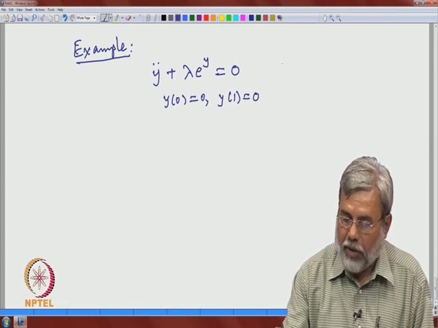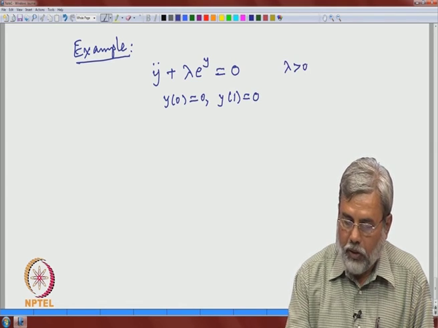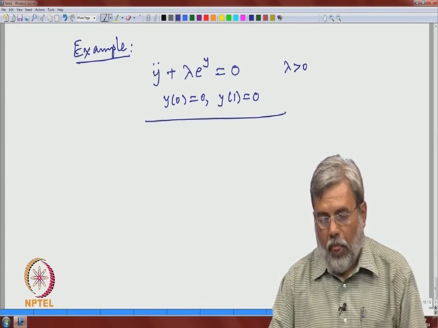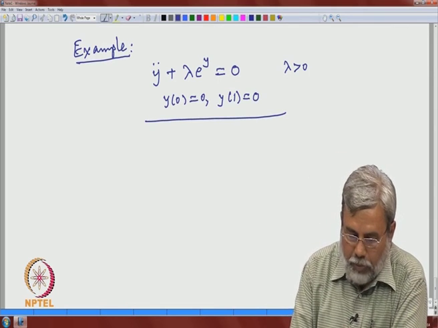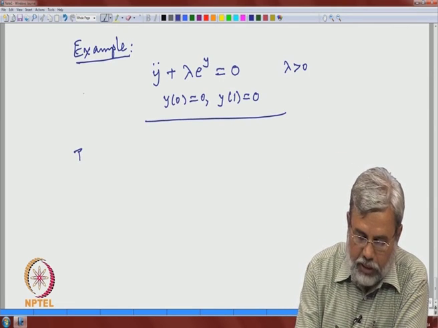Okay. So, this lambda is positive. I approach this boundary value problem, this BVP, via an initial value problem.